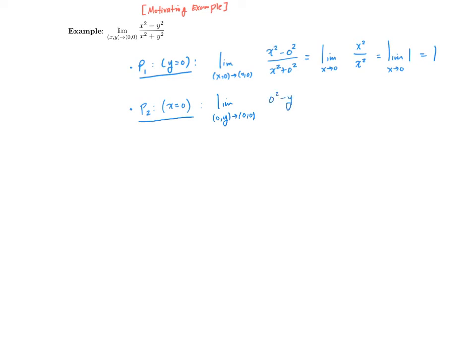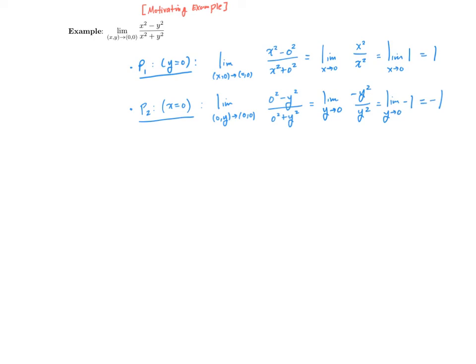So 0 squared minus y squared over 0 squared plus y squared, which similarly becomes a limit of a single variable, y approaching 0 of minus y squared over y squared, which is the limit as y approaches 0 of minus 1, and the limit of a constant is that constant.